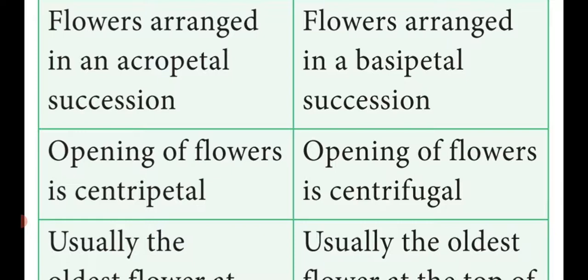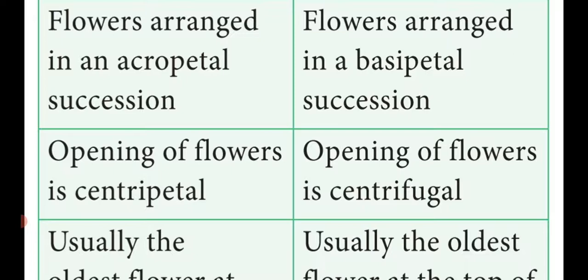Then how the flowers are opening is also different in both inflorescences. In racemose, opening of the flowers is centripetal. Centripetal means from the margin towards the center. So the outer petal first opens, then the inner, and then the center.